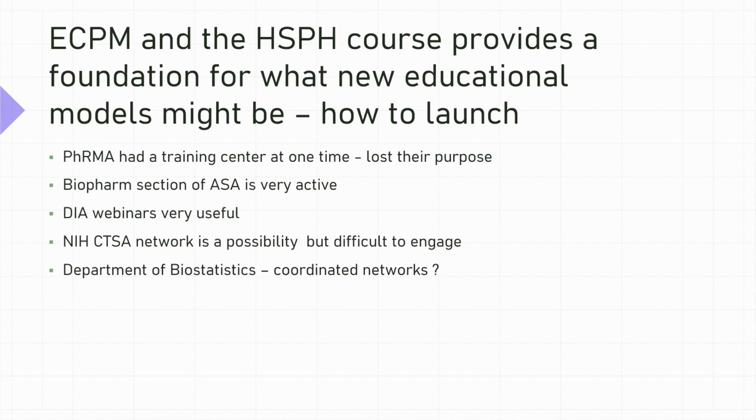Unfortunately, pharma had a training center at one time, about 20 years ago, and pharma reorganized themselves and I think lost their purpose and missed the opportunity of actually incorporating some of this kind of material in training their own pharma scientists. The biopharm section of the ASA is very active and actually incorporates some of this material in their programs at annual meetings and other venues.